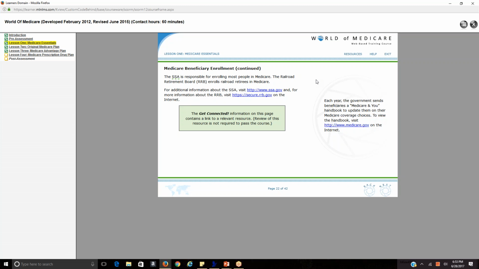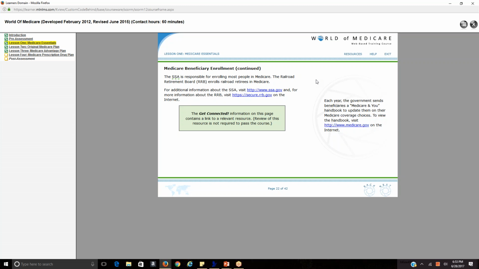Okay, and if you ever wanted to find out, for yourself or for a parent, where you stand with respect to Medicare eligibility, you could go to this website, www.ssa.gov, and if you're a railroad Medicare patient, then you would go to the secure.rrb.gov website on the internet, and you can find out where you stand.